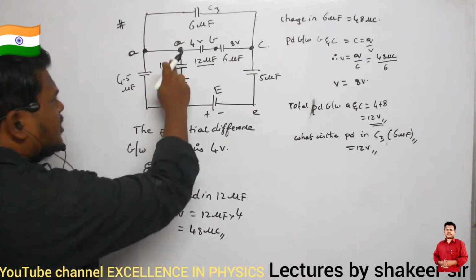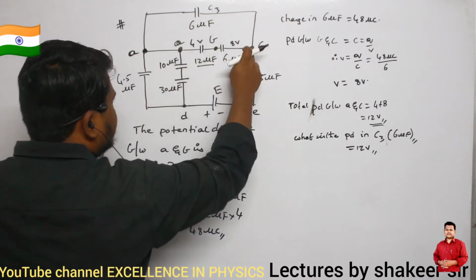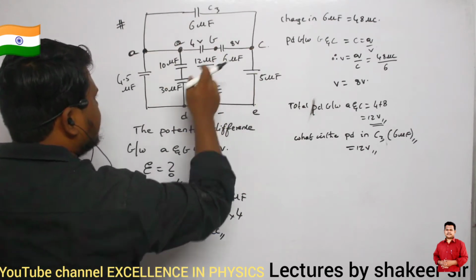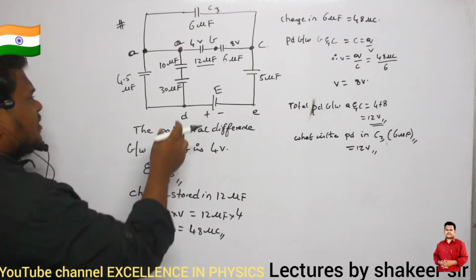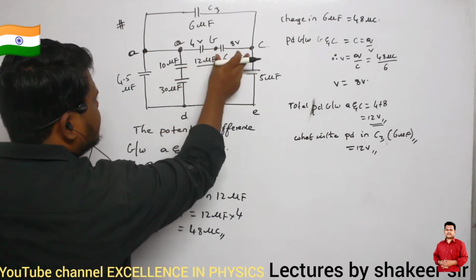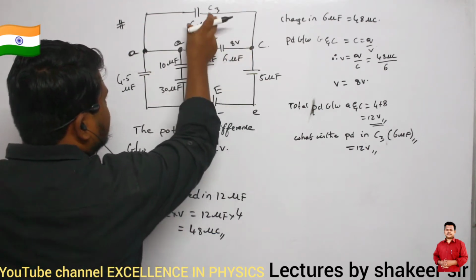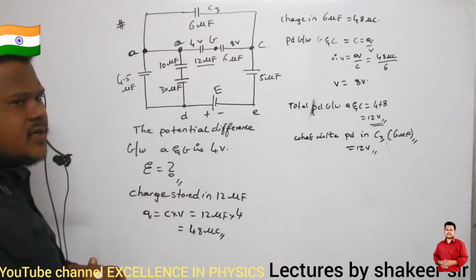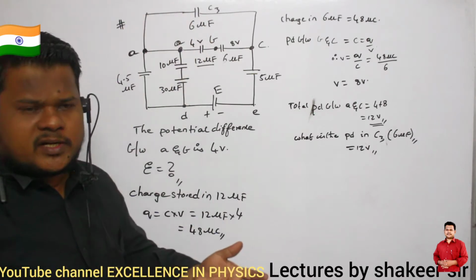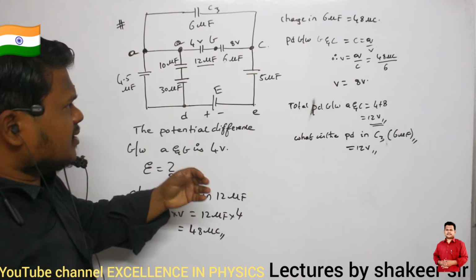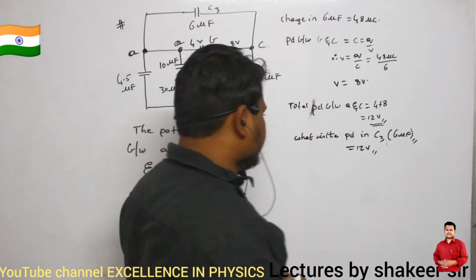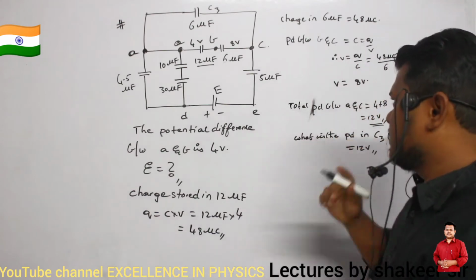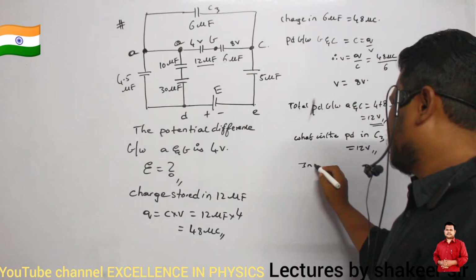Now this branch and this total branch, are they in series connection or in parallel connection? Definitely parallel connection. So the 4 and 8 branch is in parallel to this C3 capacitor, the 6 microfarads capacitor. And what is the specialty of parallel connection? In parallel connection, every branch will have the same potential. Make a note of that point also.